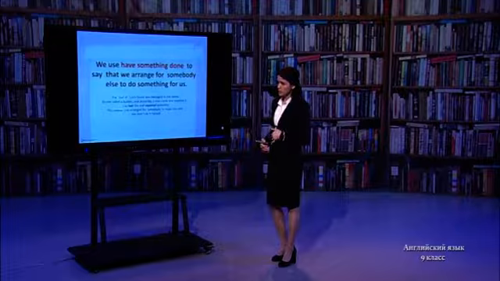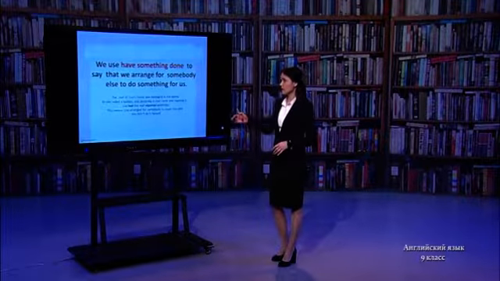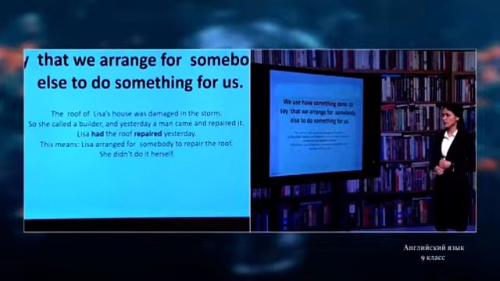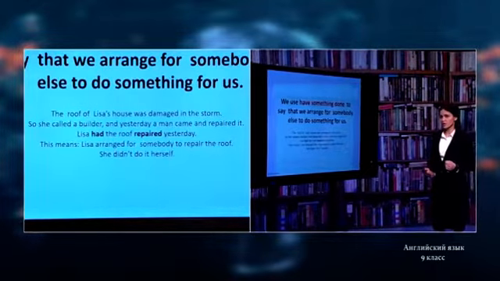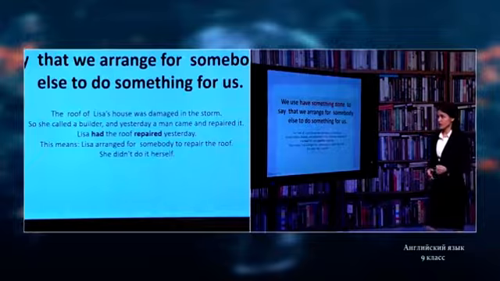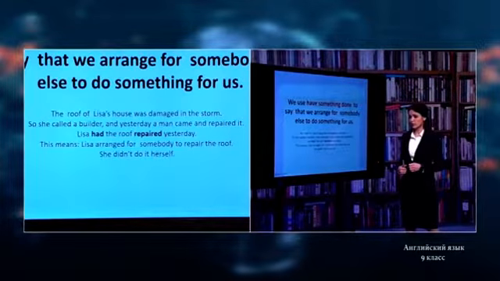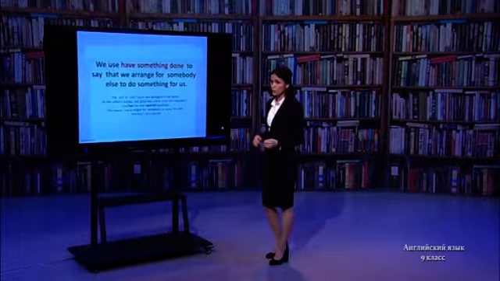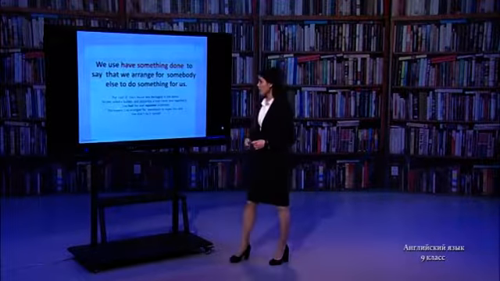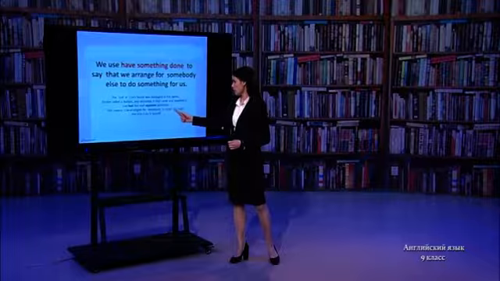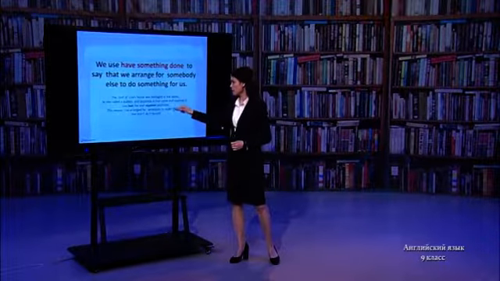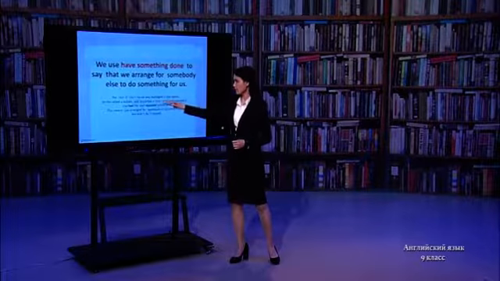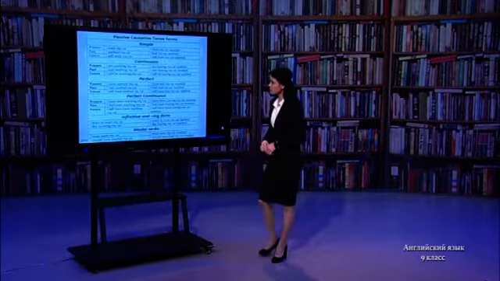She called somebody and a man came to her house and repaired it for her. That means she is not able to do it. She can ask somebody, for example a friend, a husband, a dad, or another person who can do it better than her. Lisa arranged for somebody to repair the roof. In the end, she didn't do it herself. That's why Lisa had the roof repaired yesterday.